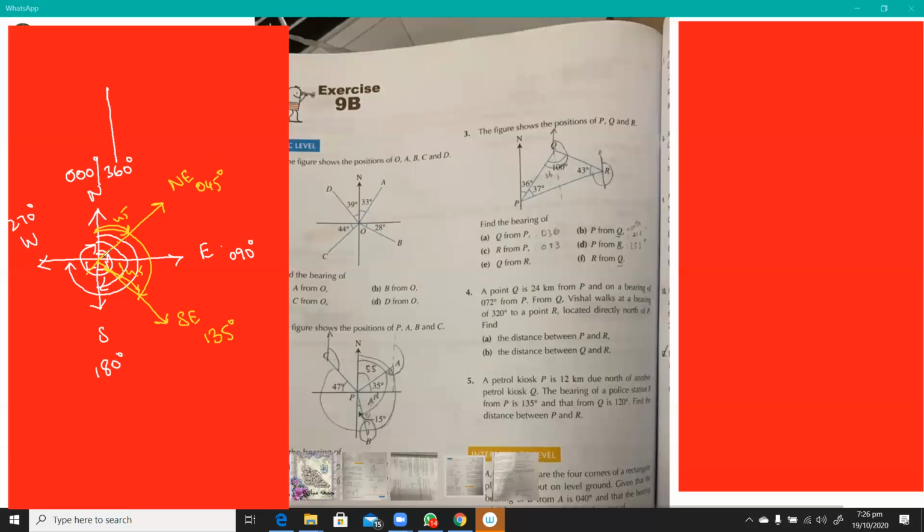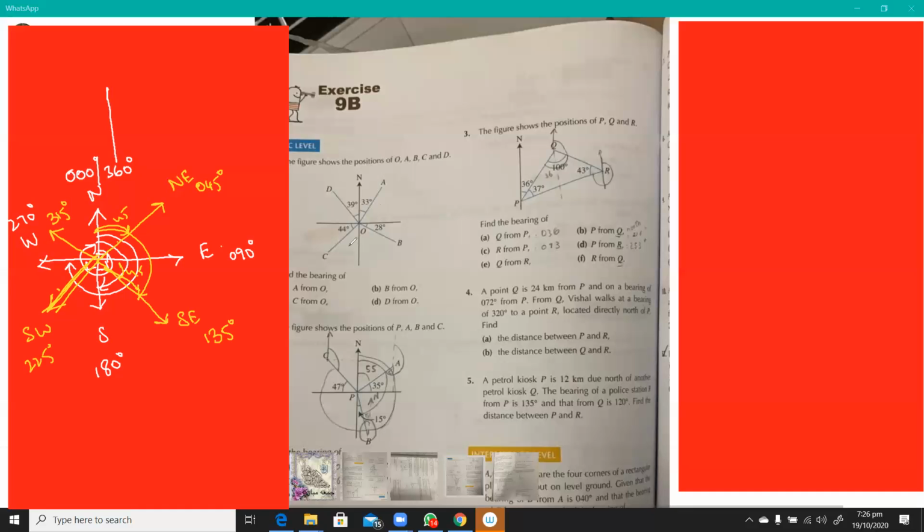Similarly, exactly between the south and west is southwest, so this is going to be 225 degrees, and exactly between north and west is going to be a bearing of 315 degrees.